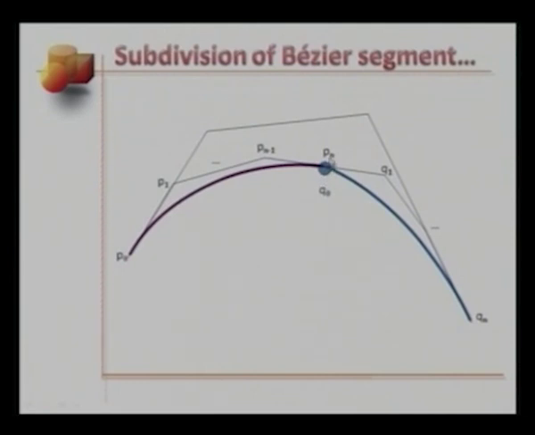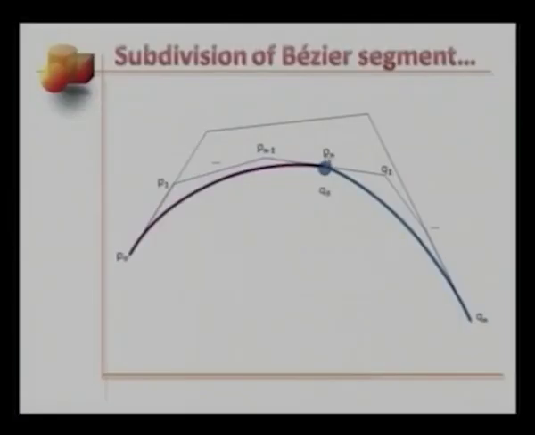One, that p sub n and q sub 0 are the same, and the last tangent or the last segment of the first polyline aligns with the first segment of the second polyline, in a sense that the slope here is the same. The same control point here and the same direction of slope here will maintain position and slope continuity at this point.